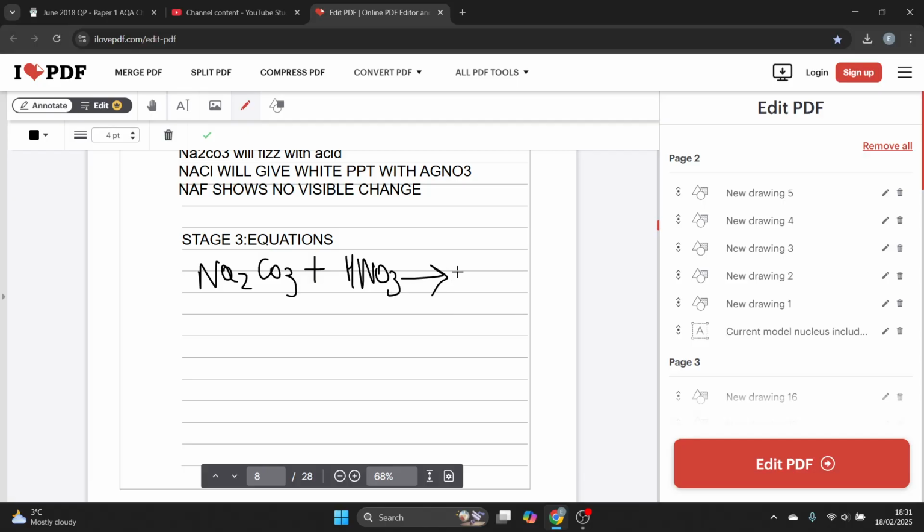I'm going to form 2 NaNO3, I need a 2 here, plus carbon dioxide plus water.